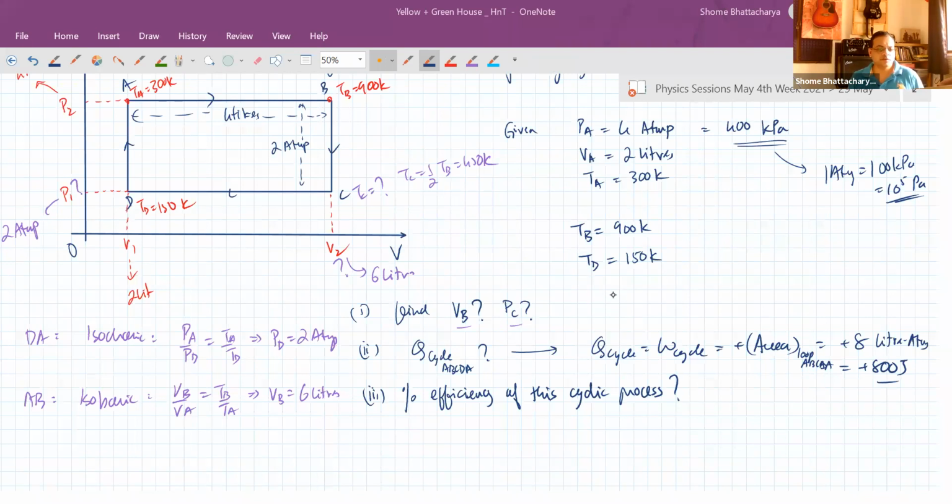So hope you understood why we have taken it as 800 joules, because this 4 atmosphere is given to us as 400 kilopascals. That means we are using the approximate value.